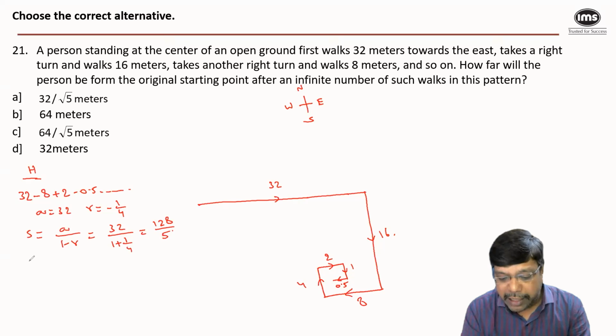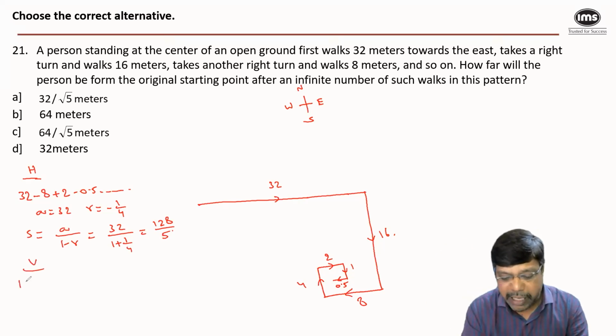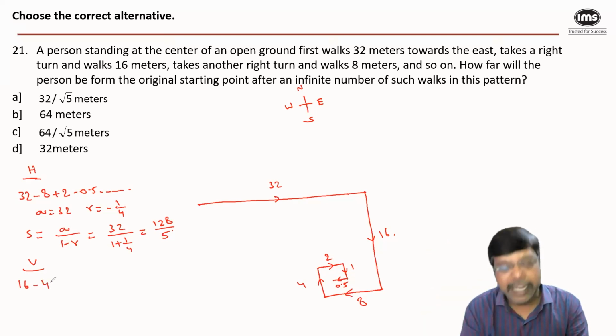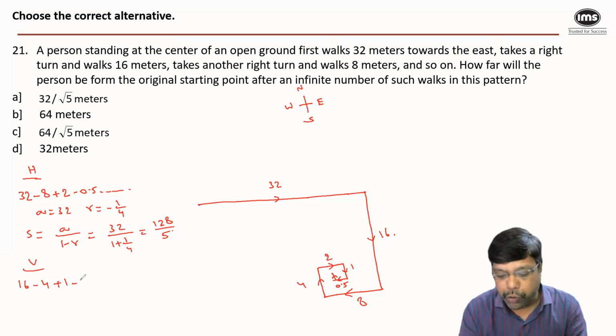Now, if we look at the vertical distance traveled, downwards it is 16 meters, upwards it is 4, which means opposite direction, -4. Again, downwards it is 1 meter. Now, upwards again will be 0.25 and so on.